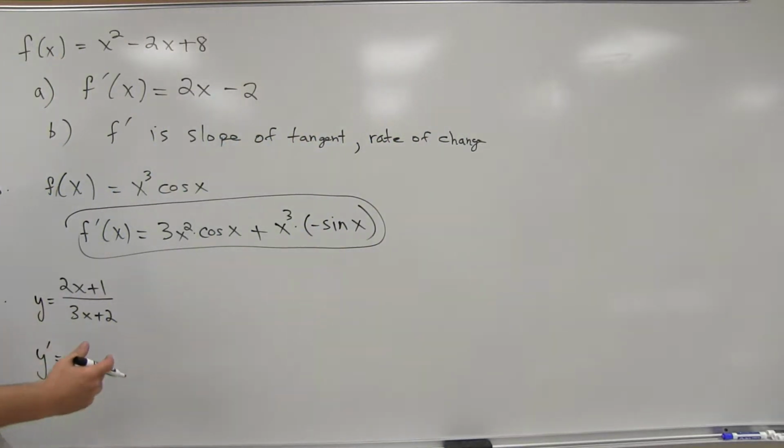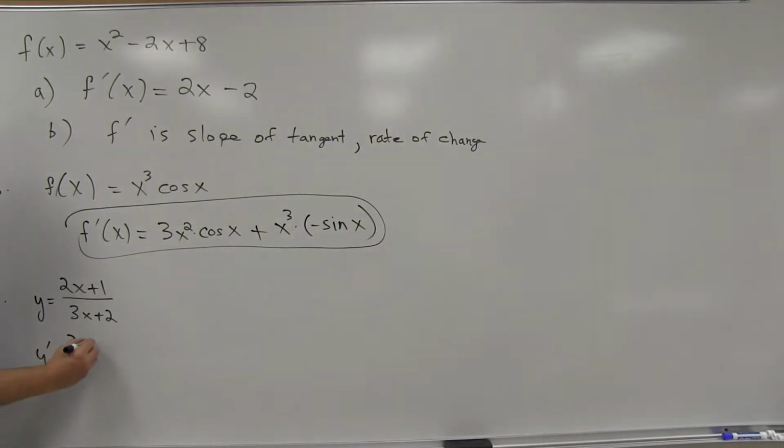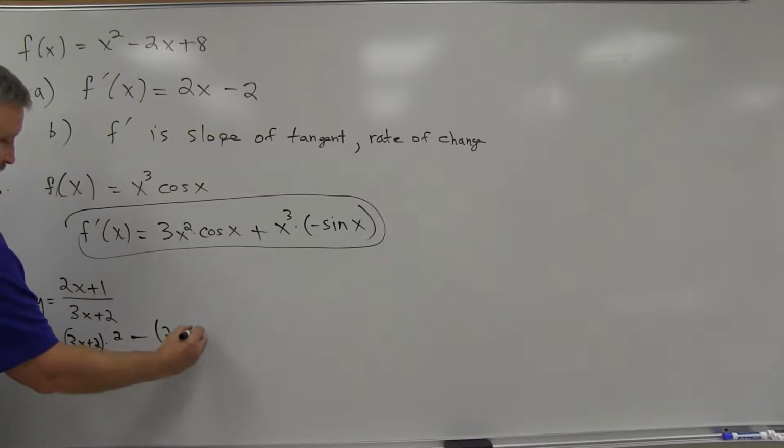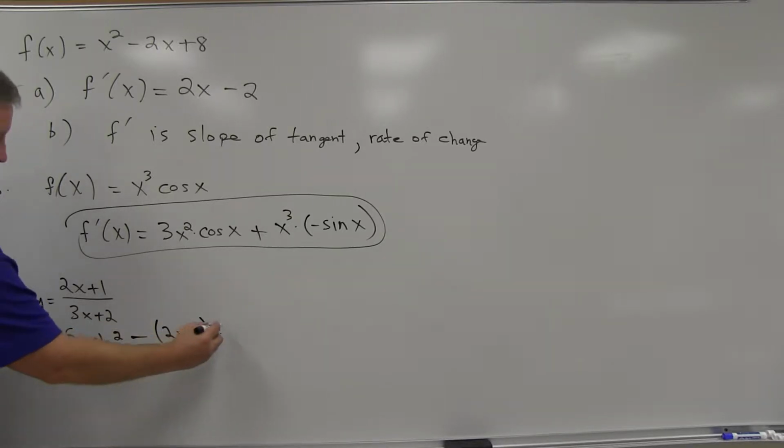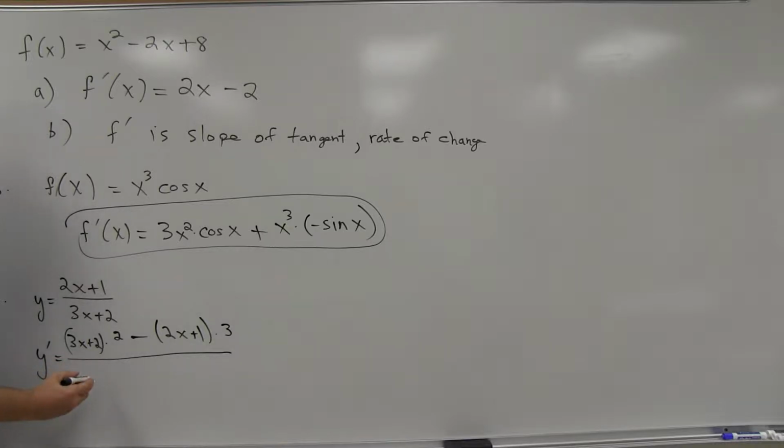You start with the low, then do the d of the high. So we go 3x plus 2 times the derivative of the one on top, minus then high d low. So you do 2x plus 1 times the derivative of the low, which is 3, and then that all goes over the square of what's below.